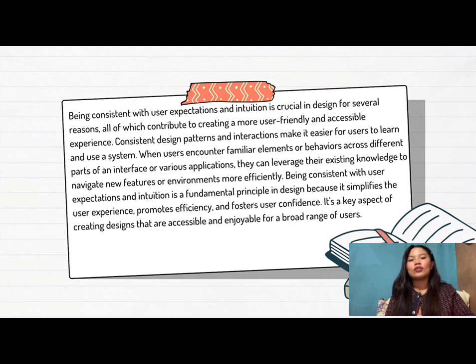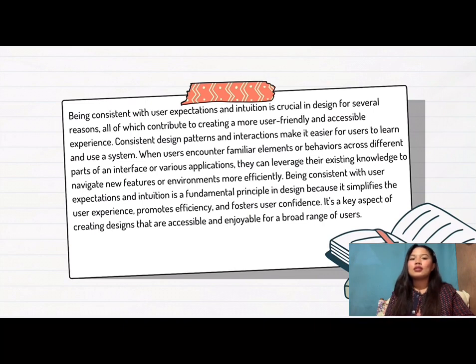When users encounter familiar elements or behaviors across different parts of an interface or various applications, they can leverage their existing knowledge to navigate new features or environments more efficiently.